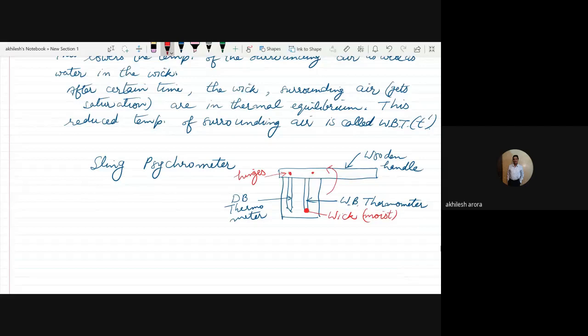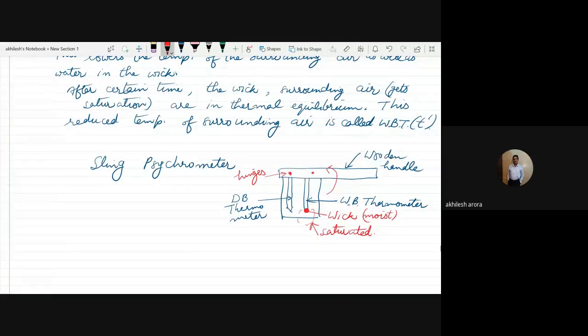Okay, it can go under circular motion. So what we do, we move this sling psychrometer, and the surrounding air which is present here gets saturated, and a thermal equilibrium is achieved.